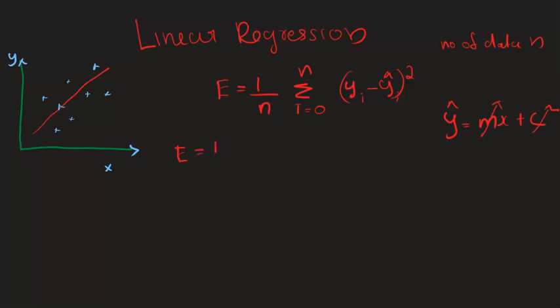E equal to 1 by n sigma i equal to 0 to n, y_i minus (m x_i plus c).